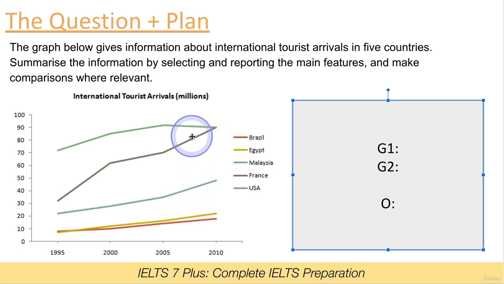And then we have France and the USA as well. France also increases with arrivals, so we could talk about France maybe in the second group initially, because it's increasing like group 1, Malaysia, Egypt and Brazil, but there's a different pattern, there's a different trajectory.